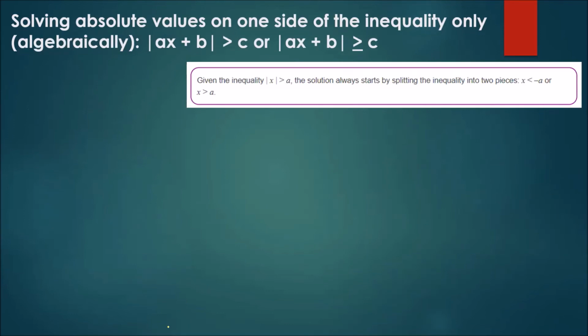Now, let us solve algebraically. So, for example, let us do the previous example, the modulus of x plus 2 is greater than 3. By definition, this is our definition, right? But we can extend this.